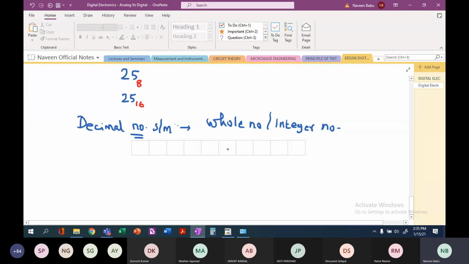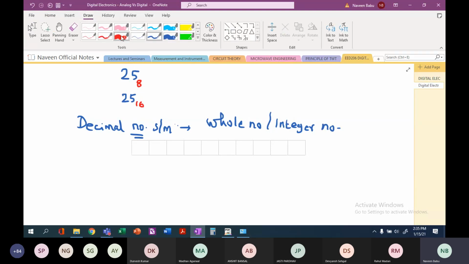Which means if I have a decimal number, then I will have some digits to the left and some digits to the right of my decimal point. Say my decimal point is somewhere here, then say 2356 are some numbers to the left of my decimal point, and 5, 4, just random numbers, are to the right.